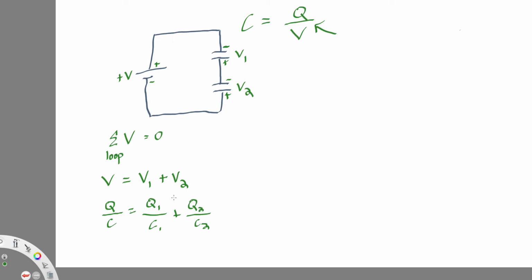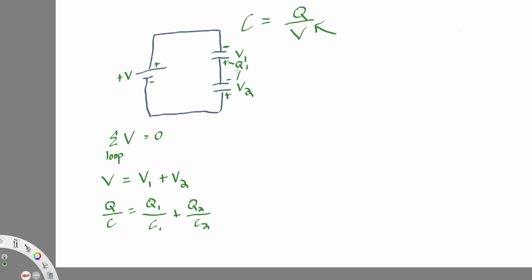Now, the charges that are separated on each capacitor plate have to be equal, right? So the amount of charge separated here has to be equal to the amount of negative charge gathered on the first plate of capacitor 2, because we need net neutrality throughout the system. If these weren't equal, we would still have a flow of electrons.